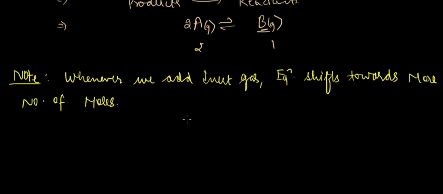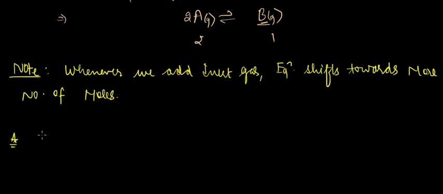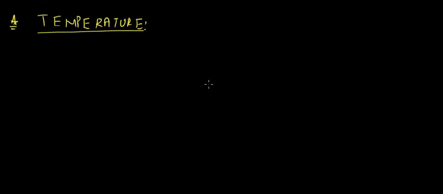Now let's see the effect of temperature on the equilibrium constant, or the direction of equilibrium. Increase in temperature favors the endothermic reaction. This is the point we have already seen.